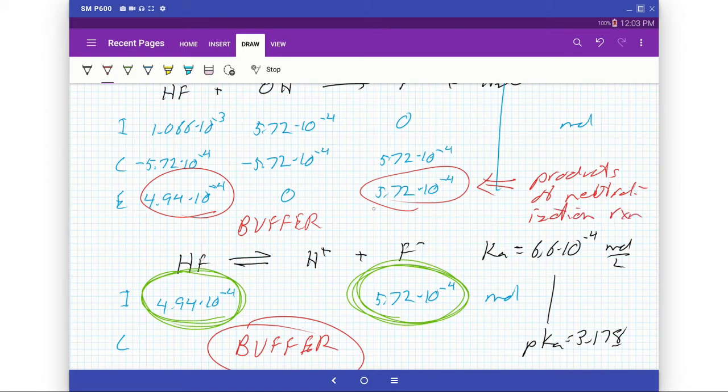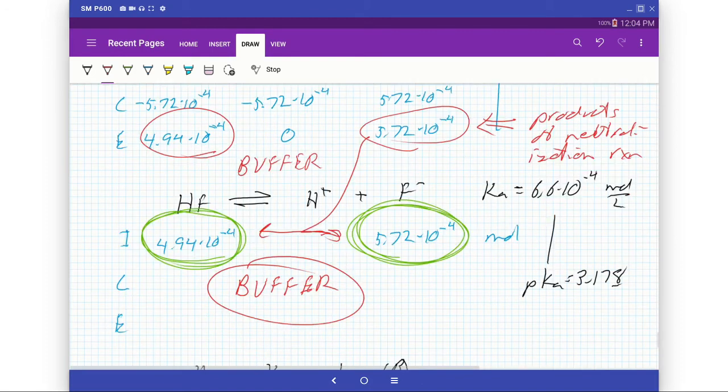And all we're going to do is transcribe them down here. If you're comfortable and understand that, hey, I can look at this and go, oh, look, conjugate acid-base pair, buffer, I don't need to rewrite it out and say the same thing. Just as you get more comfortable, you can start taking a few steps.